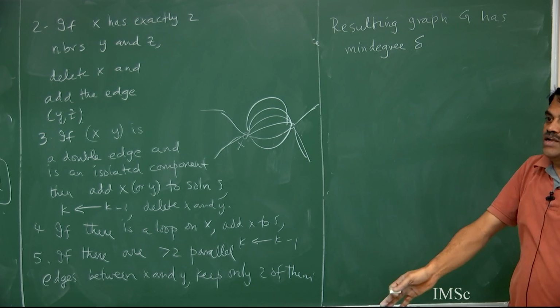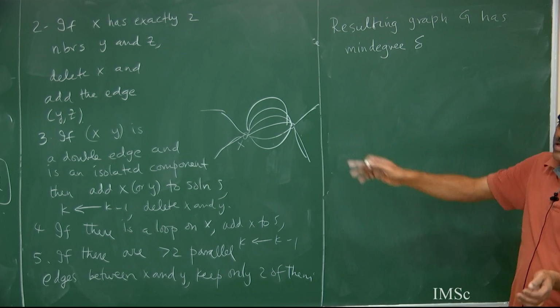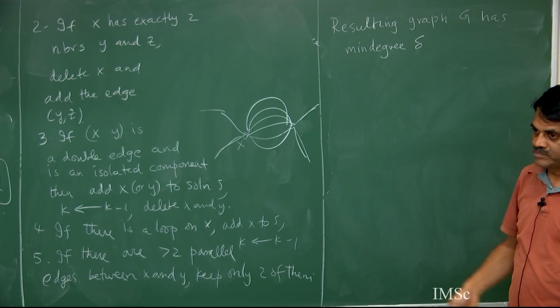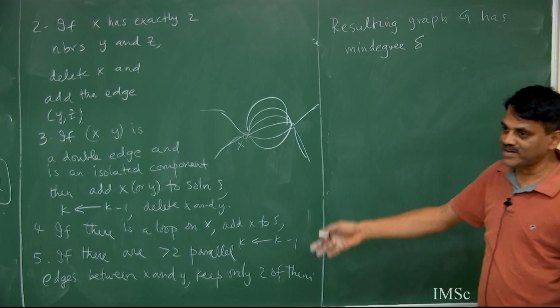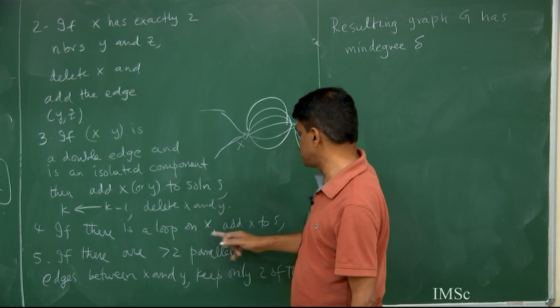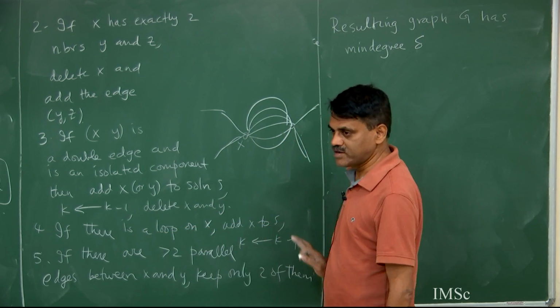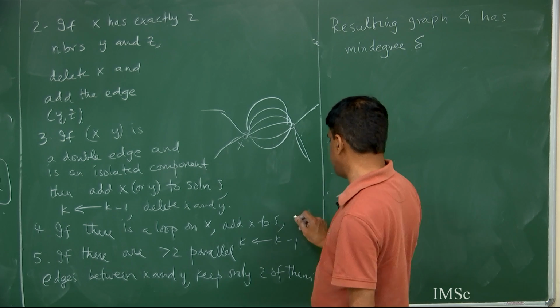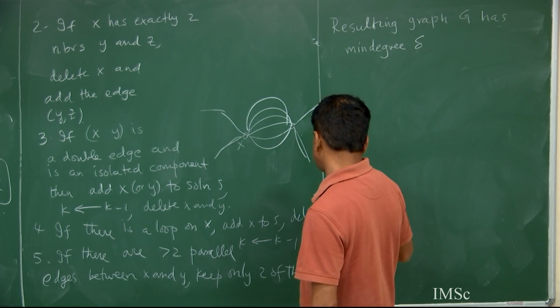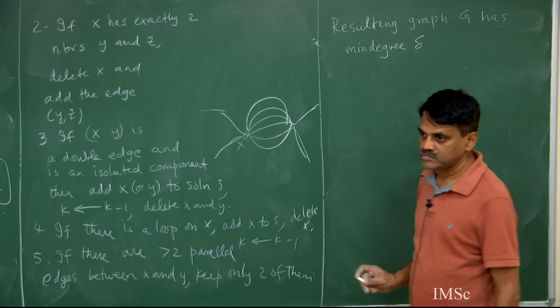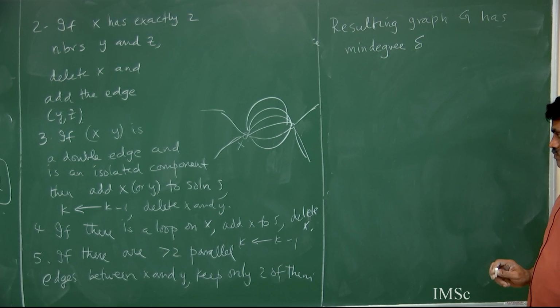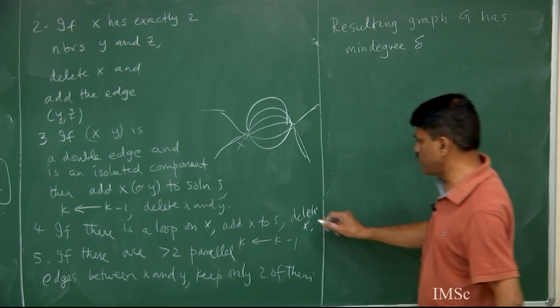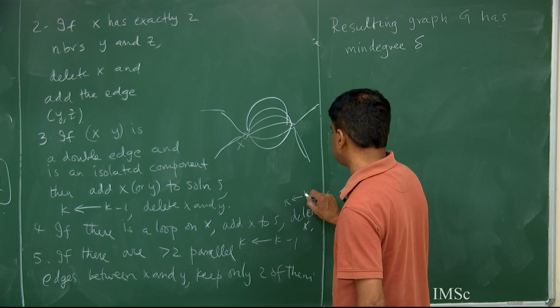If it has exactly 2 neighbors, you would have removed it, done some short circuiting. But if that loop is there, you would have picked it. If there is a loop on x, add x to S, and you would have deleted x, and k becomes k minus 1.